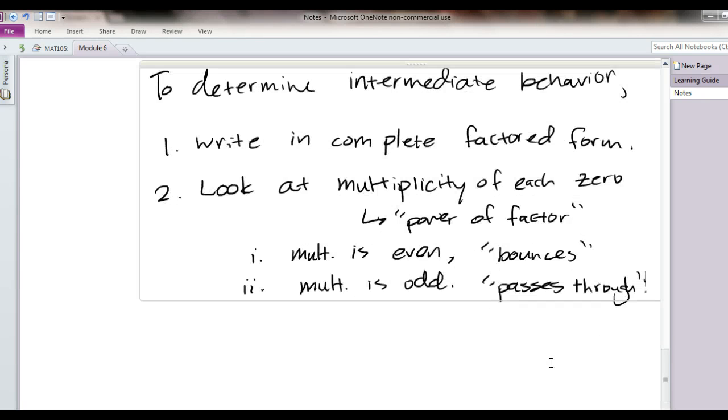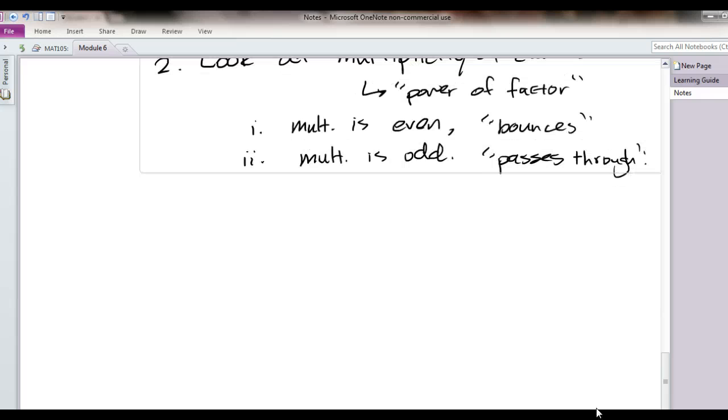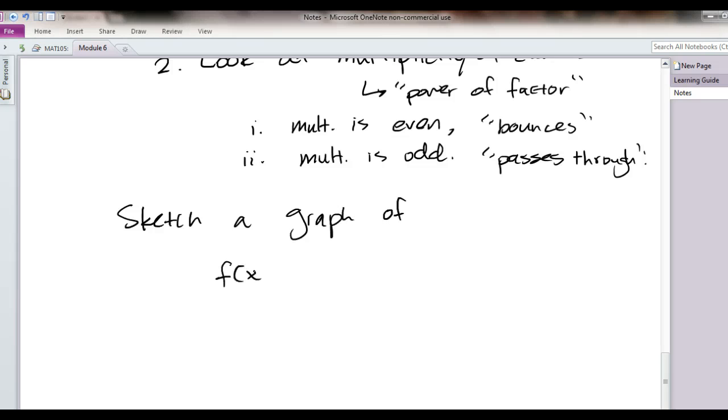So let me make up a quick example for you. Let's say we want to sketch a graph of f of x equals x to the third times x minus 2 to the fifth times x plus 3 squared.